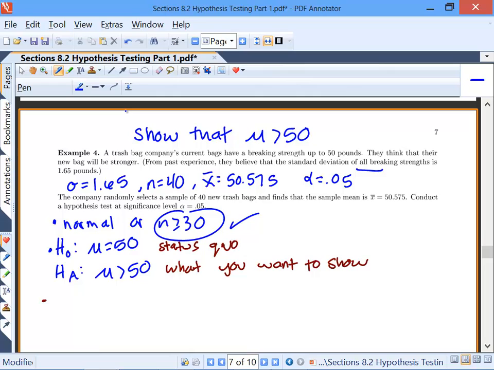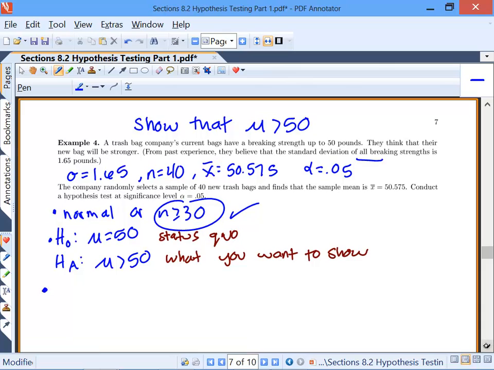What's next? Compute the test statistic. We don't have to collect the data, they've already done that for us, but we need to find our test statistic.